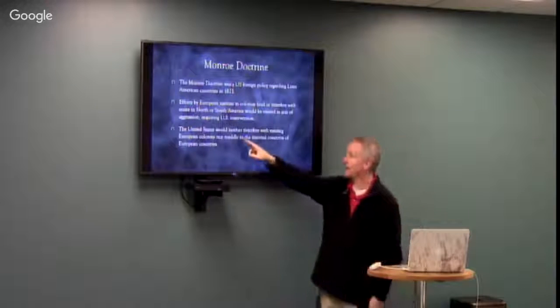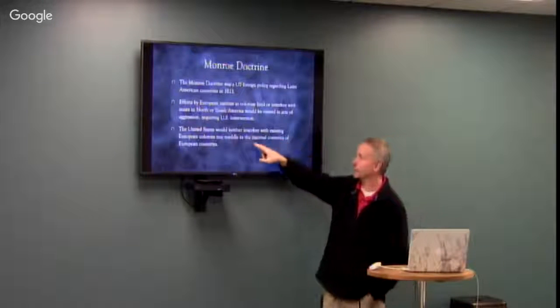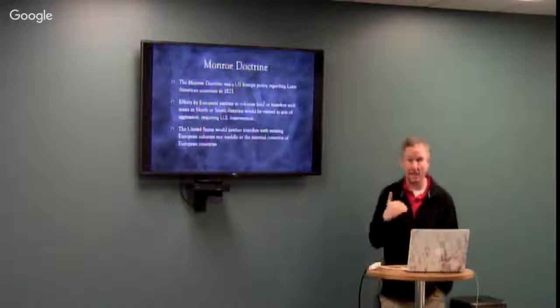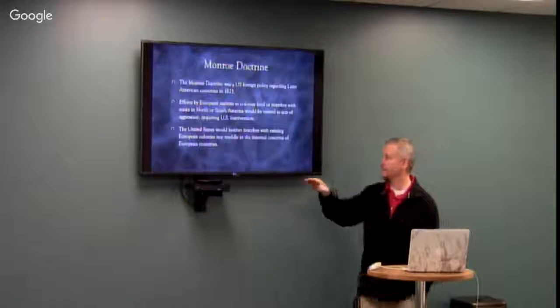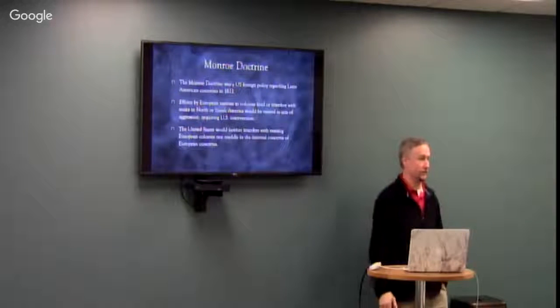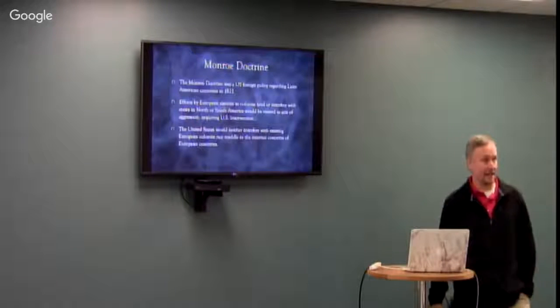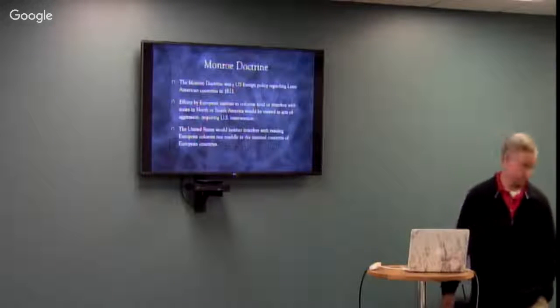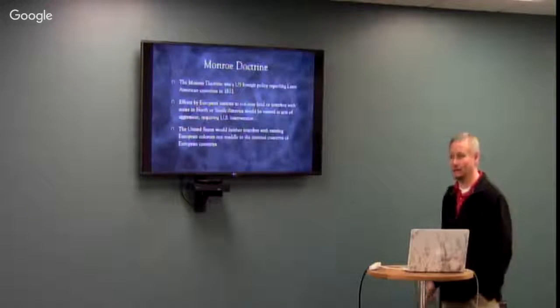And the United States would not interfere in existing European colonies. So if they had an established colony, they wouldn't bother it, nor would they meddle in the concerns of Europe. So this lasts until basically World War I. Then we decide to get involved in World War I.